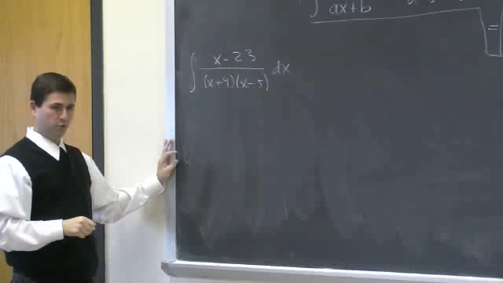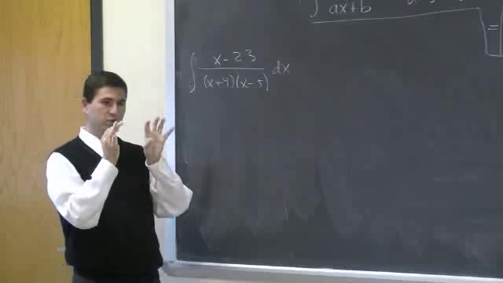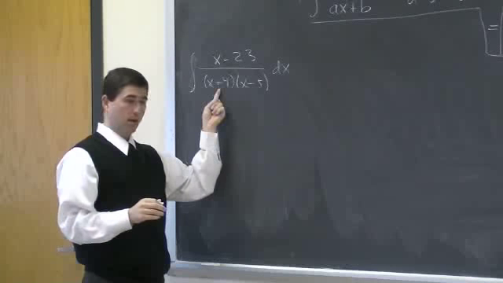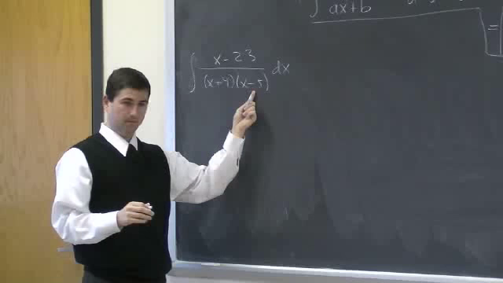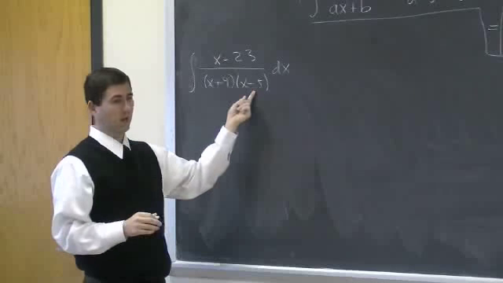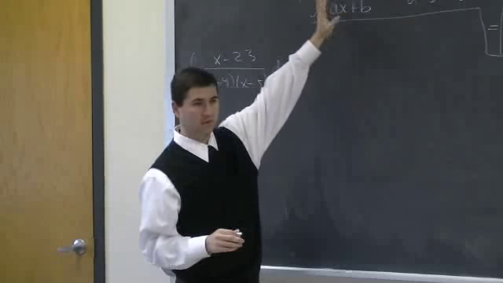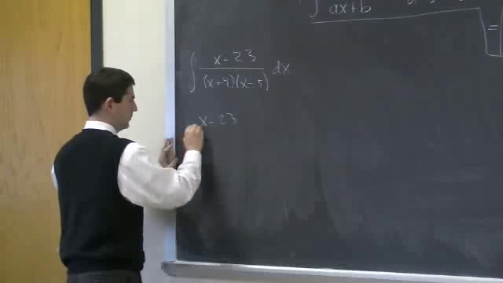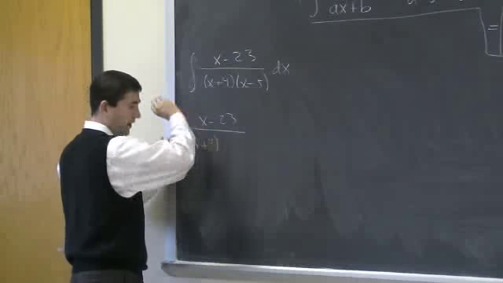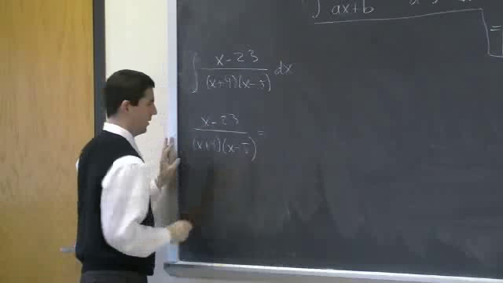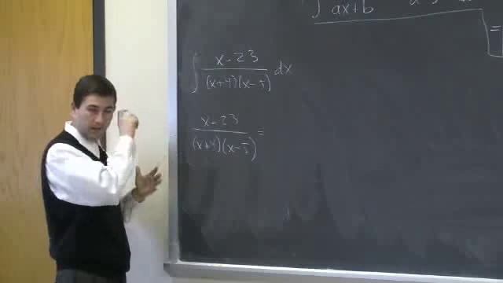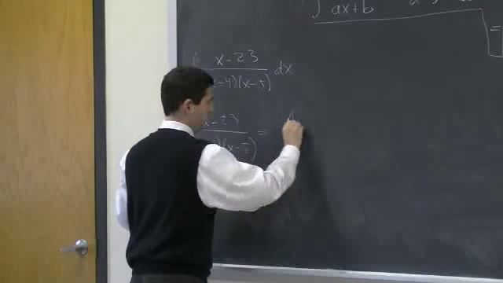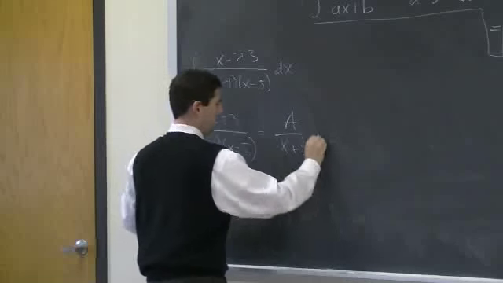And I want to do it using this partial fractions method, meaning I want to break this up into two different fractions, one which has a denominator x plus 4, and one which has a denominator x minus 5. And hopefully, if I'm lucky, I can then use this sort of trick. So that means that I need to take this fraction, I forget I have a calculus problem. And I want to write this in the form that I would like to write it. Now this is what I would like to do.